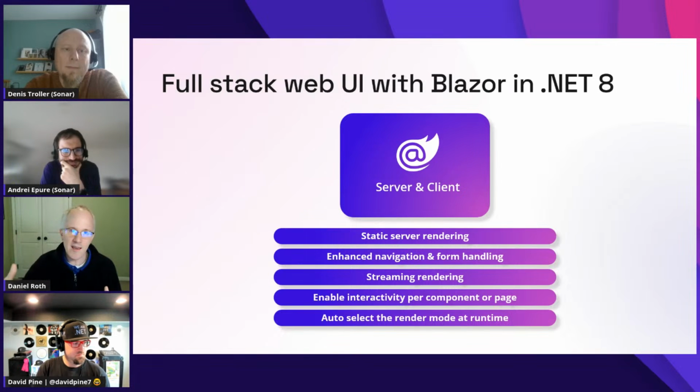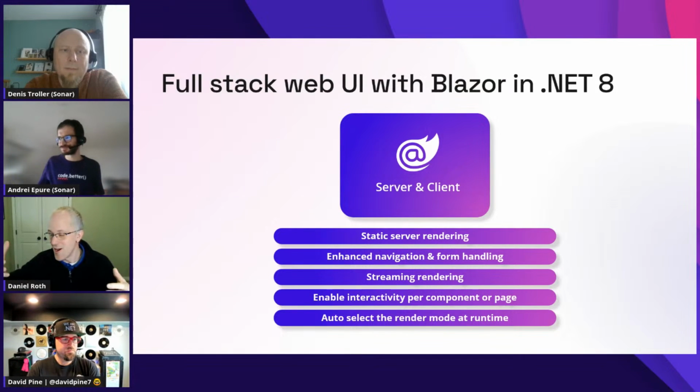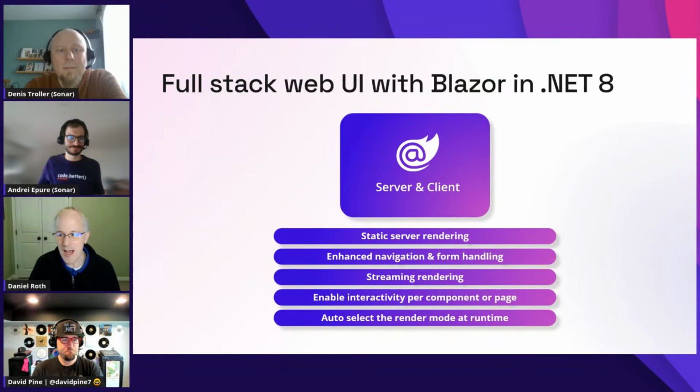You can then add rich interactivity for components wherever you need it. And you can do that either from the server using the Blazor server model over a WebSocket connection, or you can do that from the client via WebAssembly. You can even have both render modes being used within the same Blazor app, and you can automatically shift from one to the other, from the server to the client at runtime to improve app load time and scalability.